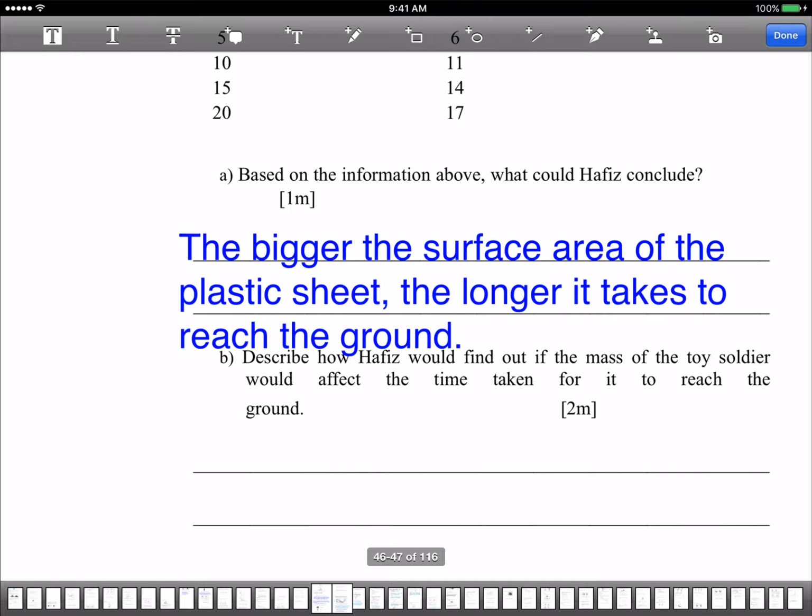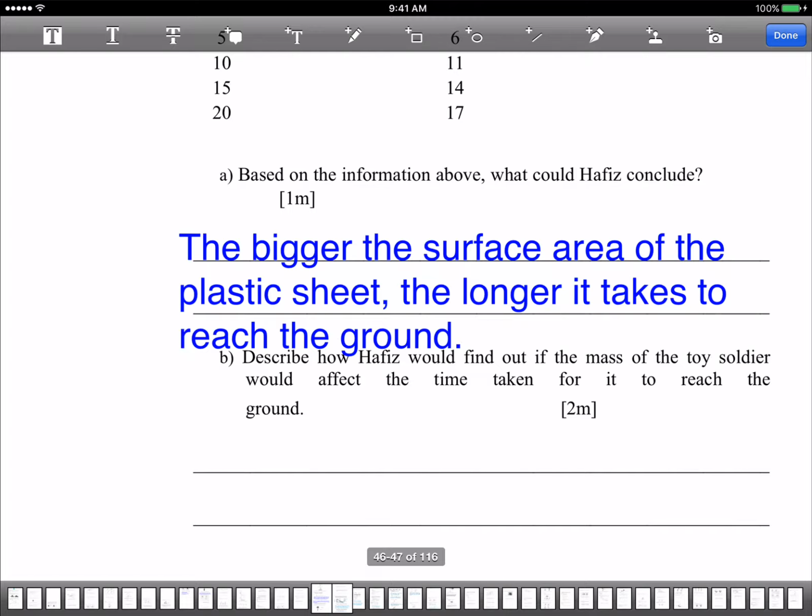Because with a small parachute there is less surface area. Big parachute, same human being, takes a long time to reach.